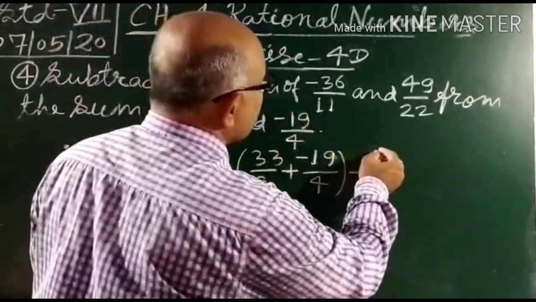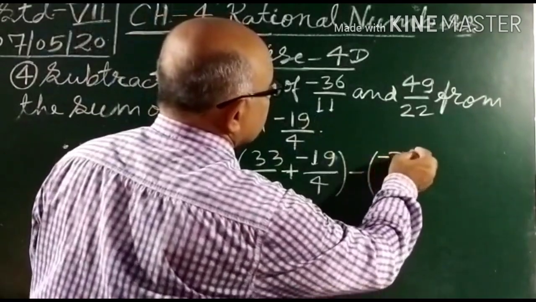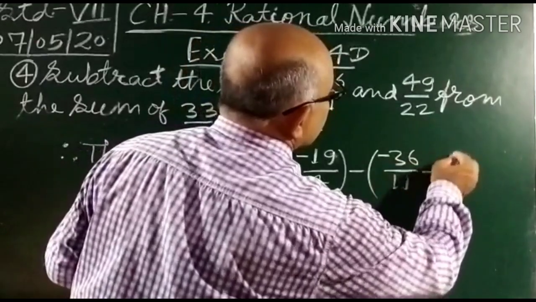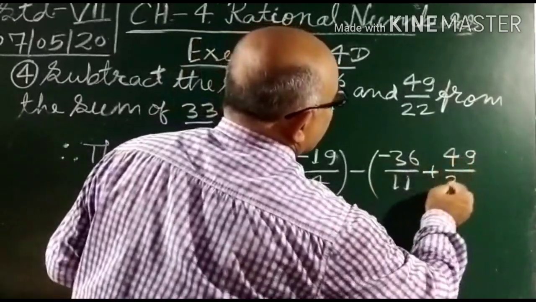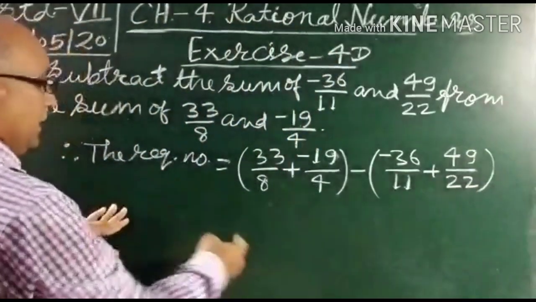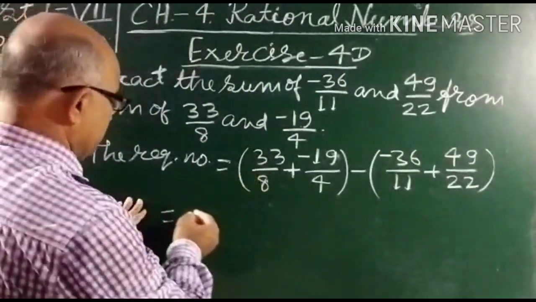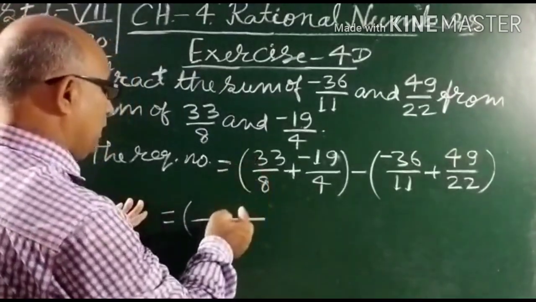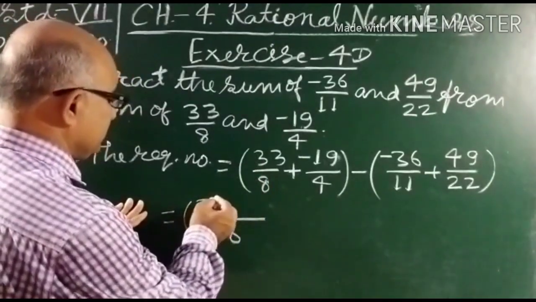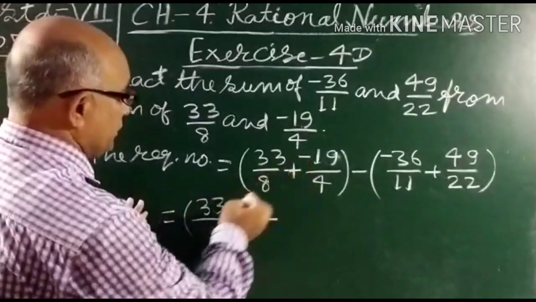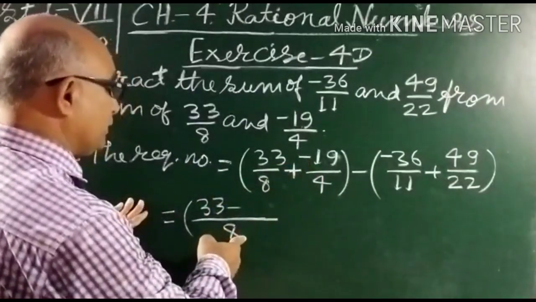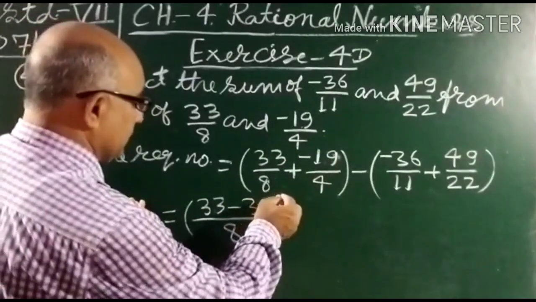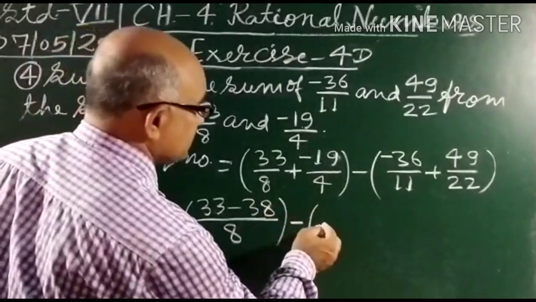33 by 8 plus minus 19 by 4. Subtract minus 36 by 11 plus 49 by 22 and solve this. LCM of 8 and 4 is 8. Now 8 ones are 8, so 33 plus into minus, 4 twos are 8, 19 twos are 38, minus.